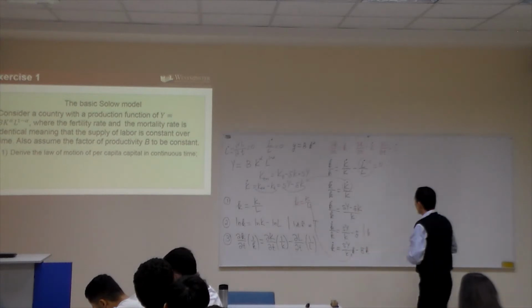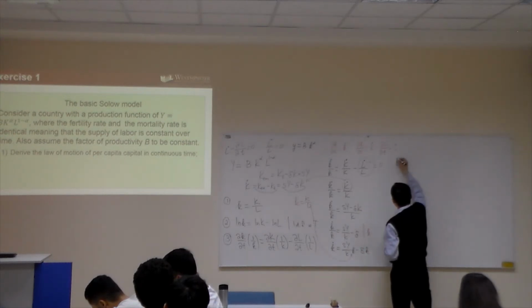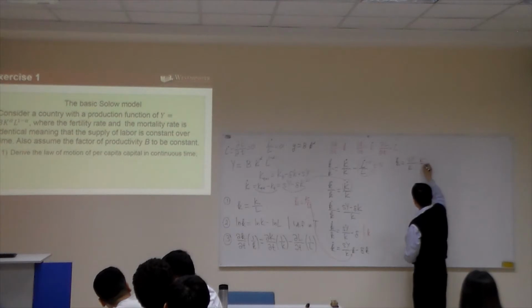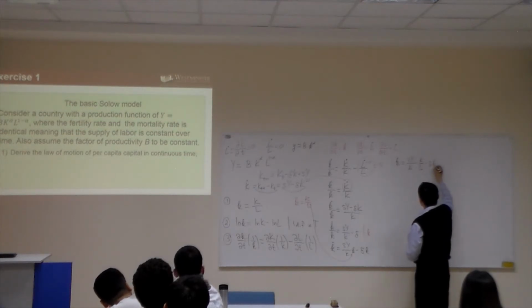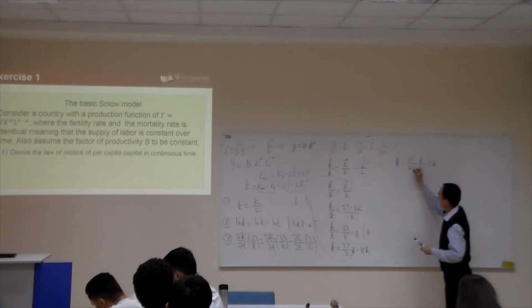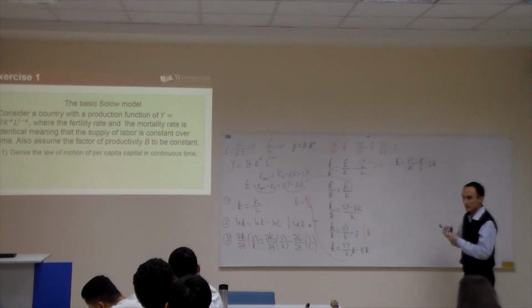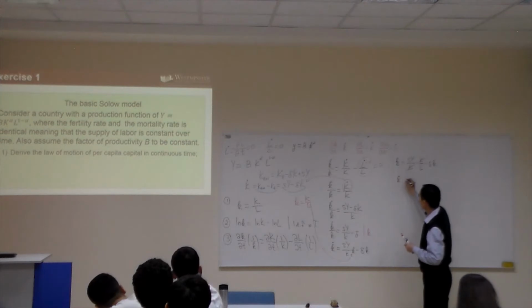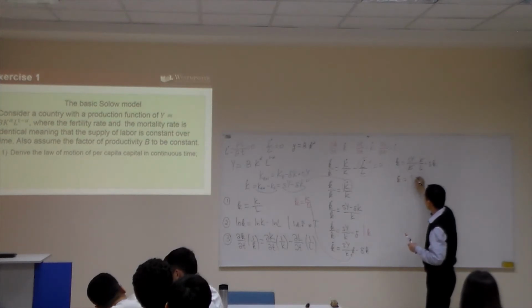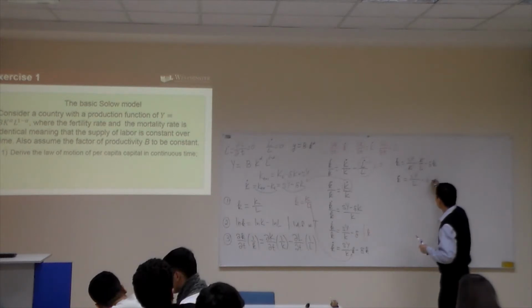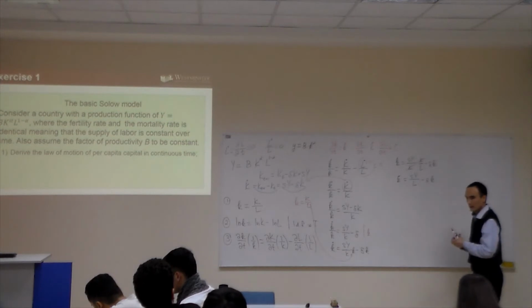If you plug that in, you will get change in per capita capital is equal to investment over capital times capital over labor minus depreciation rate times per capita capital. So now we can cancel out these two capitals, right? What we have left is change in per capita capital is equal to saving rate times output over labor minus depreciation rate times per capita capital.